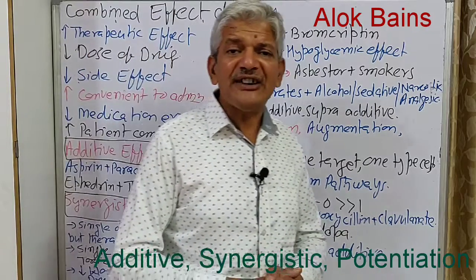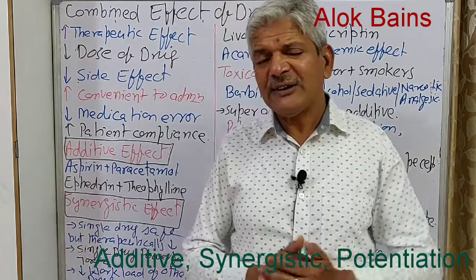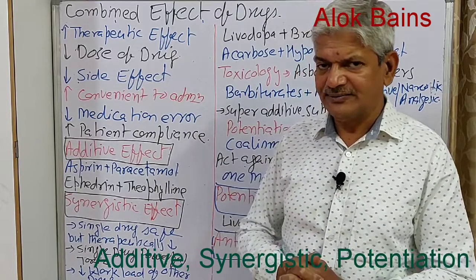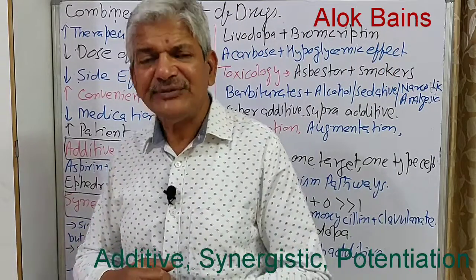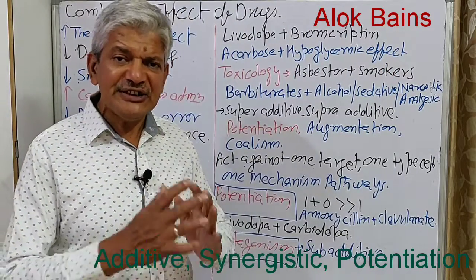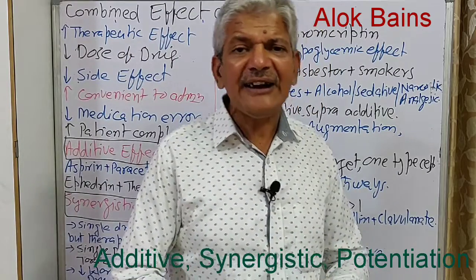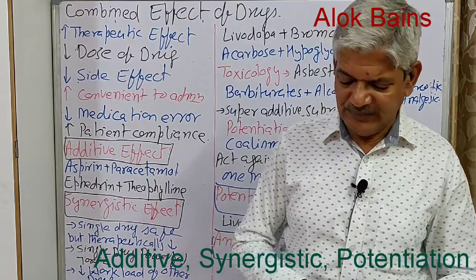There may be variation in this effect. It may be more than the additive effect, or it may be less than the additive effect. If it is more than additive effect, then it is called the synergistic effect. And if it is less than the additive effect, then it is called the potentiation effect.